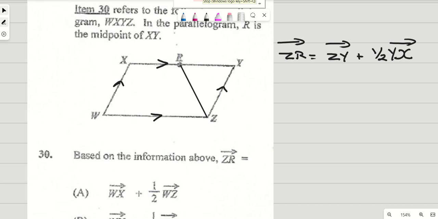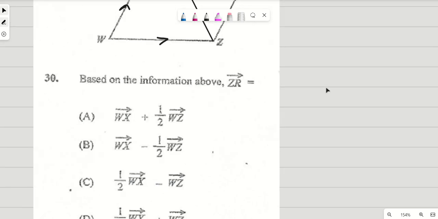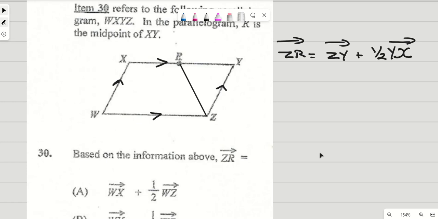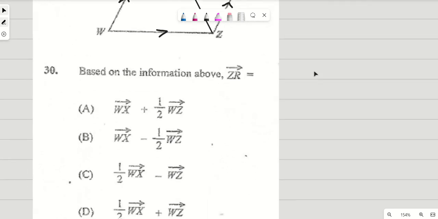But if we use parallelogram law, even if we look at this, they have no Y's, right? So they are using parallelogram law, which states that the opposite sides are equal. So ZY is also known as WX, right? So we're looking for WX first.